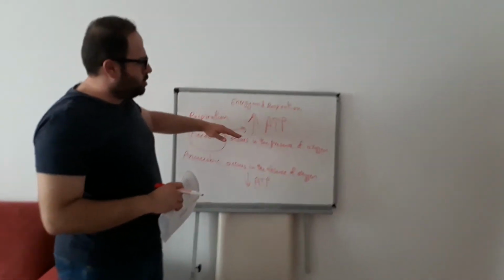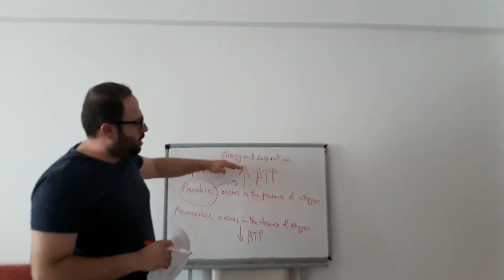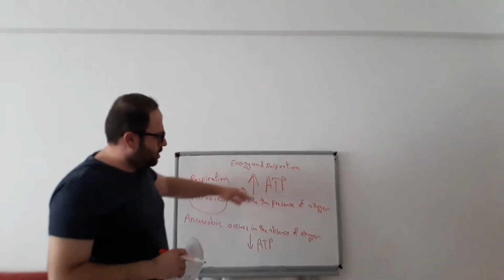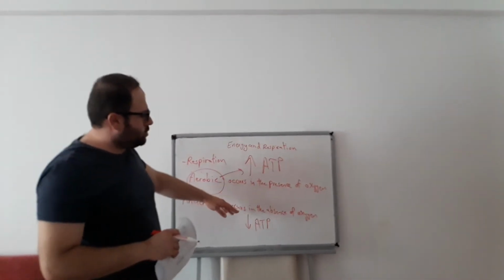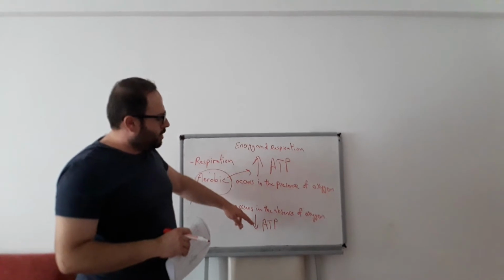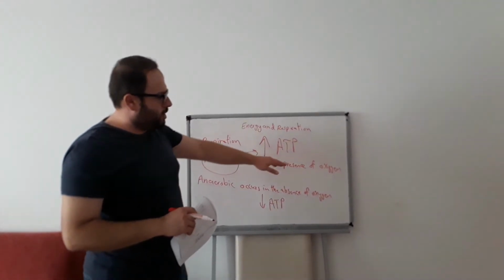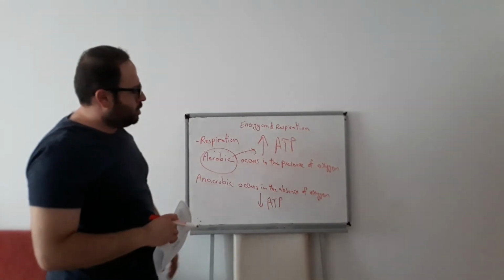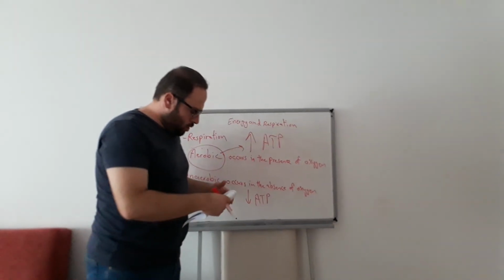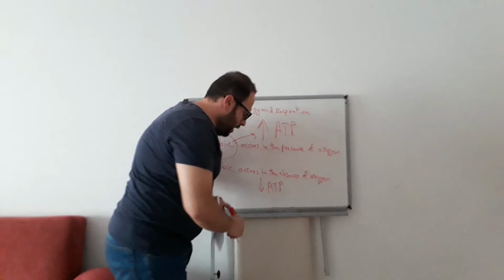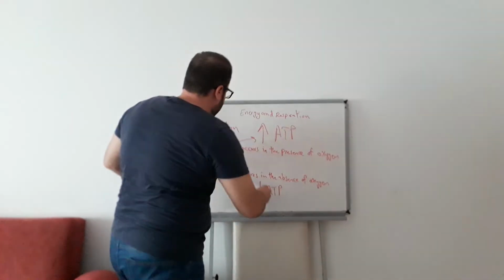Aerobic respiration produces more ATP, anaerobic produces less ATP. Aerobic respiration occurs in the presence of oxygen, anaerobic in the absence of oxygen.